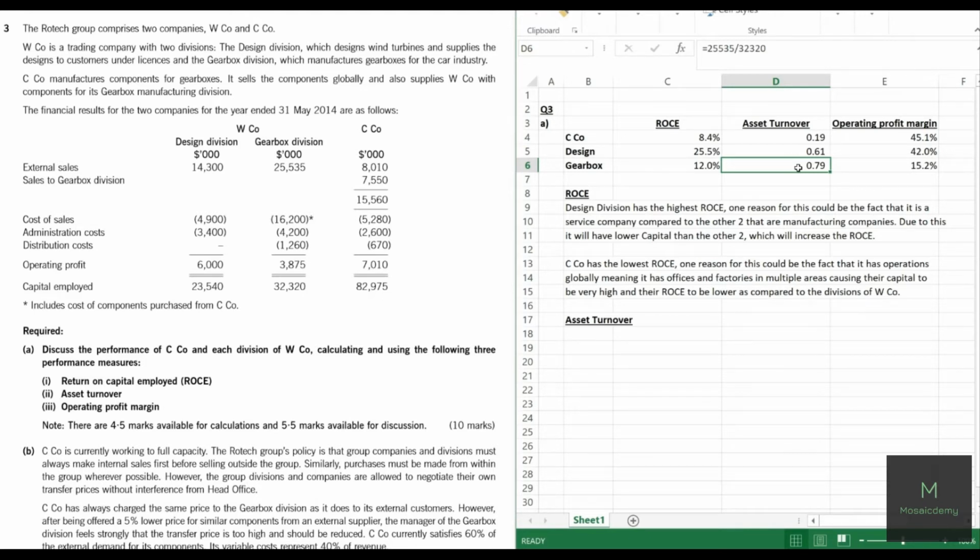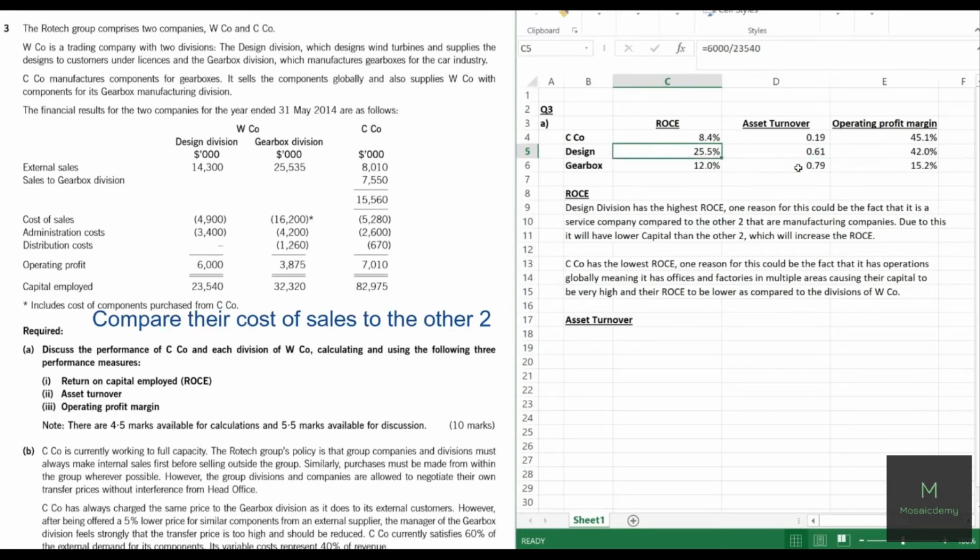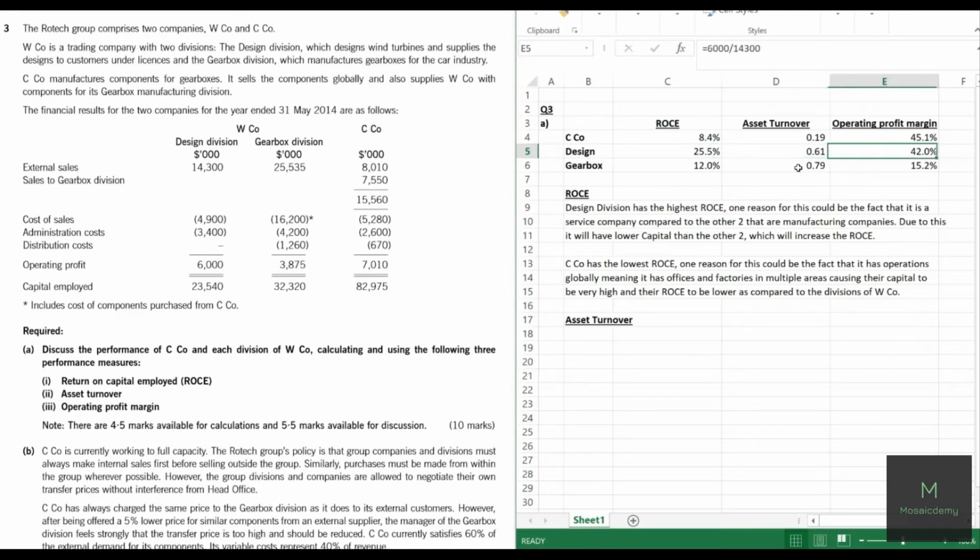In other words, Gearbox's sales are okay, their expenses are unusually high, which is why design division's ROC is higher even though their asset turnover is lower. And if you compare the operating profit margins, that's what's happening. Gearbox has a very low operating profit margin compared to design. So basically, their expenses are naturally high, likely due to the transfer price being too high. So that's what we can say.